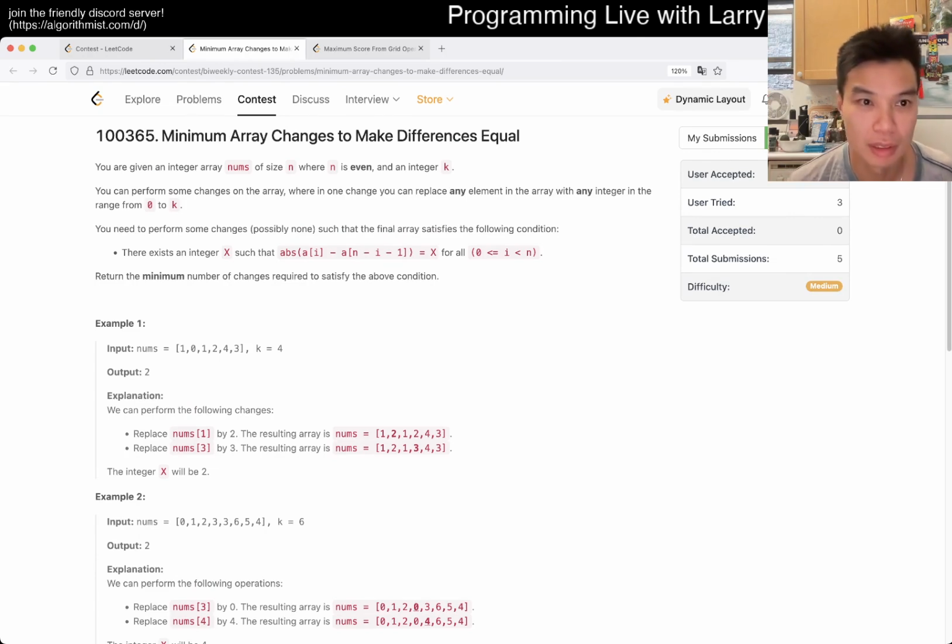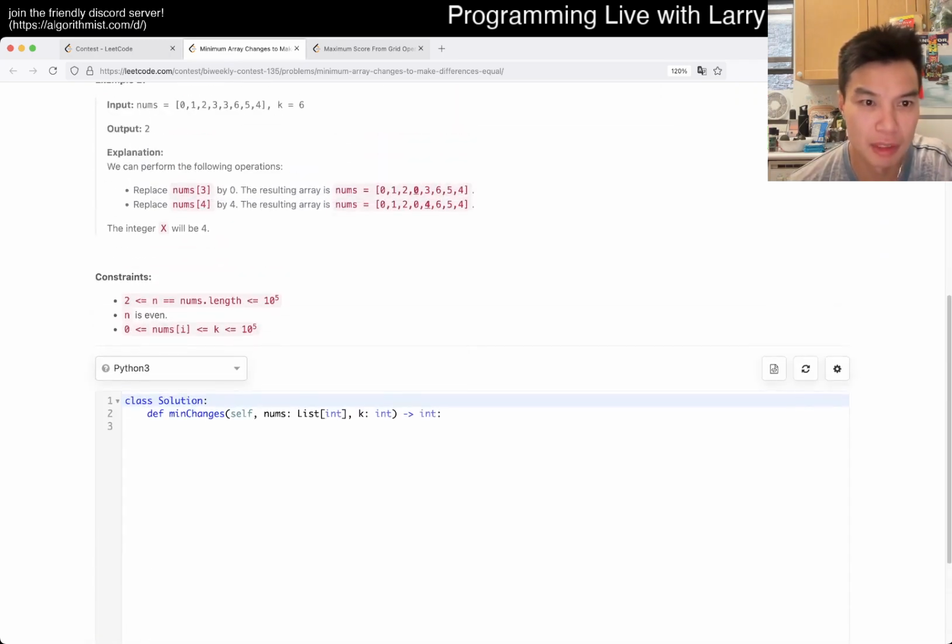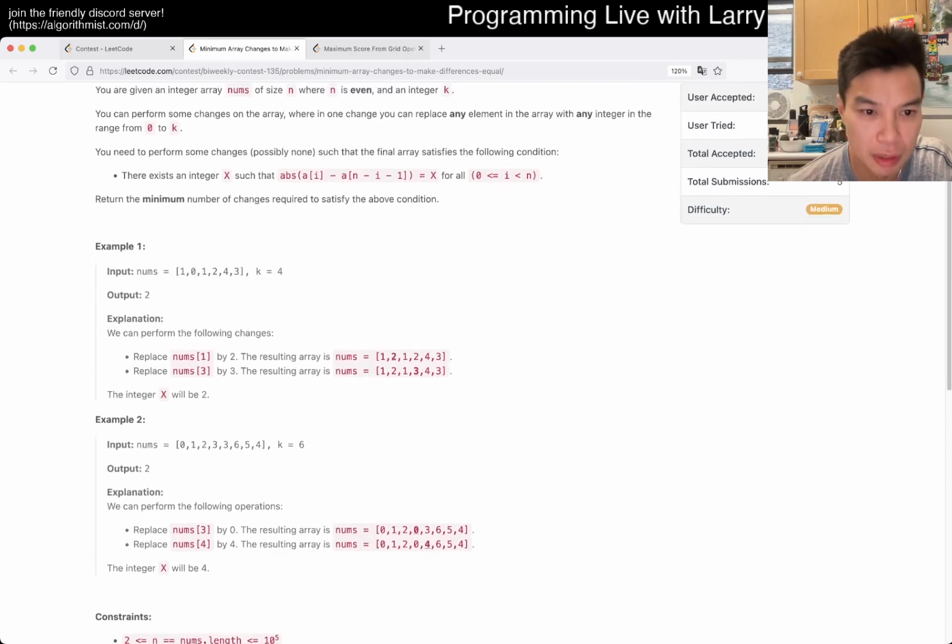And it's even and an integer k. One change. And it's big, okay, fine.